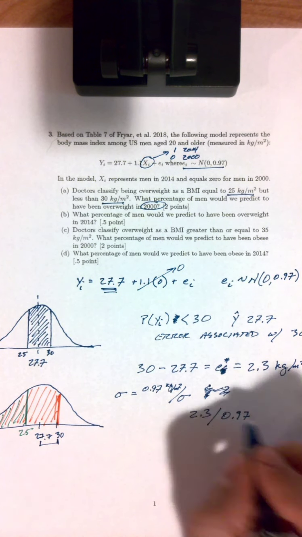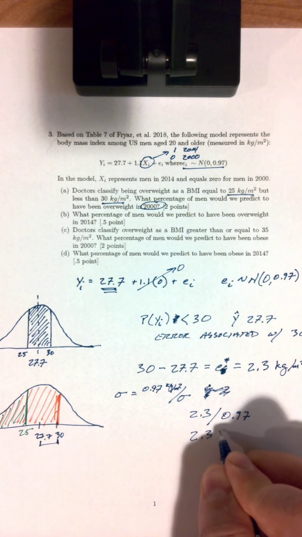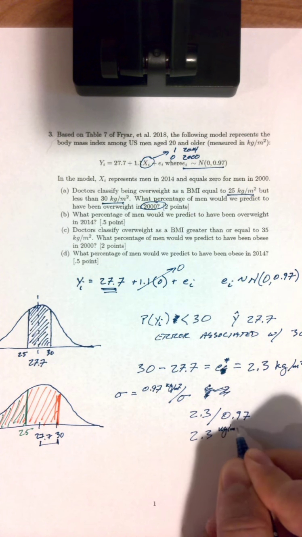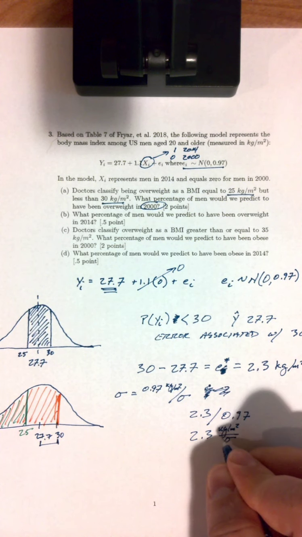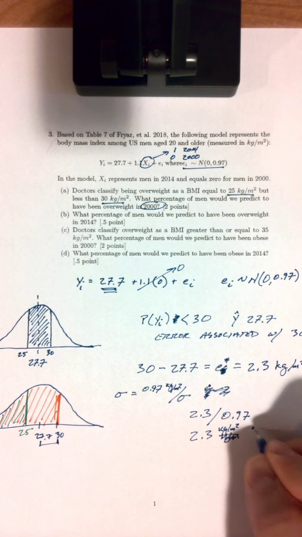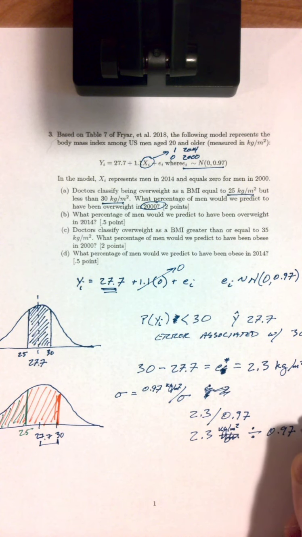And again, remember, let's write this out in a different way. Let's say 2.3 kilograms per meter squared divided by 0.97 kilograms per meter squared over the standard deviation.